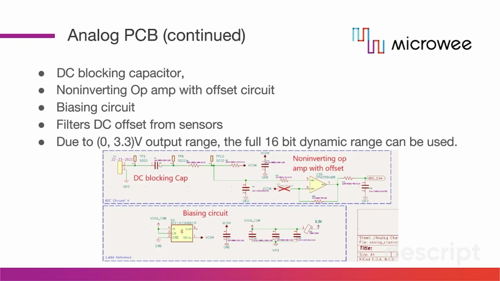After the DC blocking capacitor, we have an op-amp circuit, which is a non-inverting op-amp with offset, and the offset is generated by using this 1.65 precise reference IC. At the output of this op-amp circuit, we get the desired 0 to 3.3 volts output range.